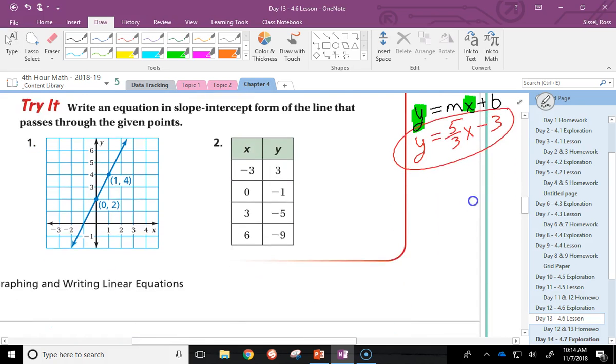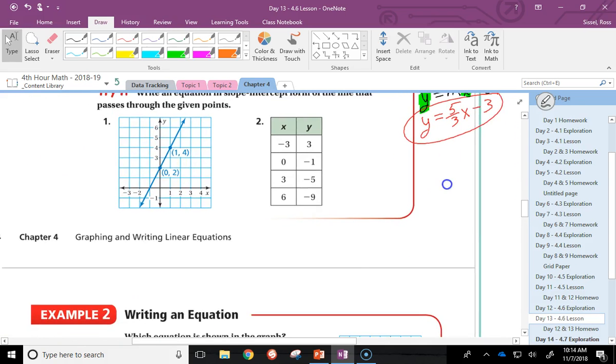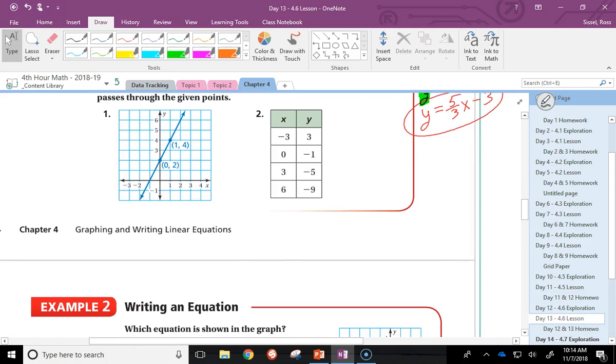Okay, I want you to turn with a partner right now, and I want you to work on number 1 and 2. On each one, I need to know the slope, and I need to know the y-intercept.